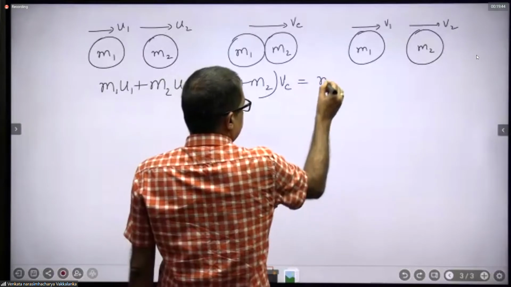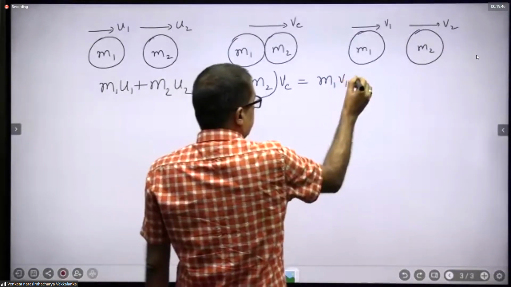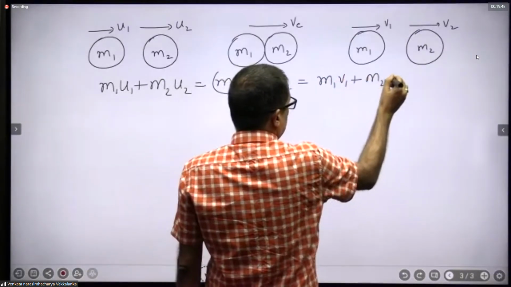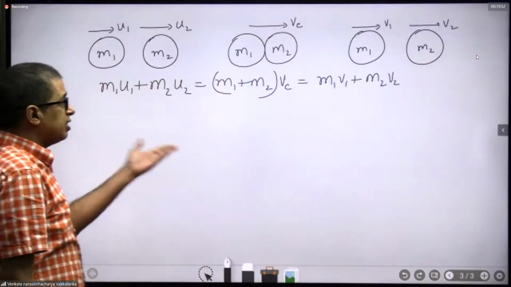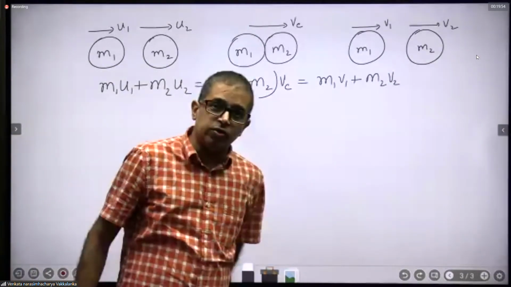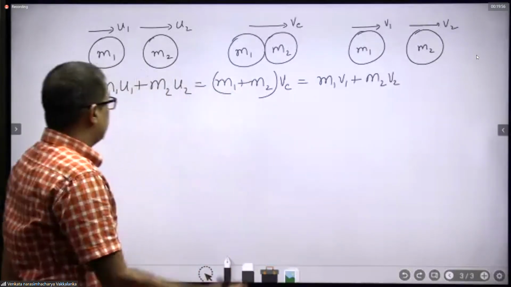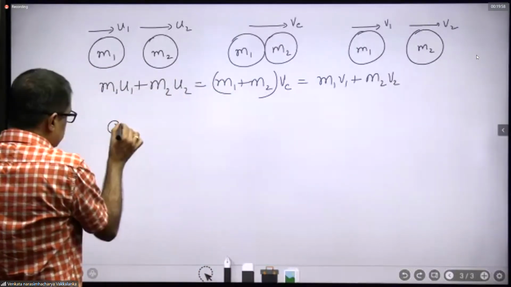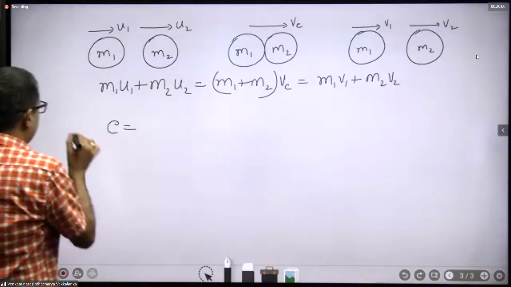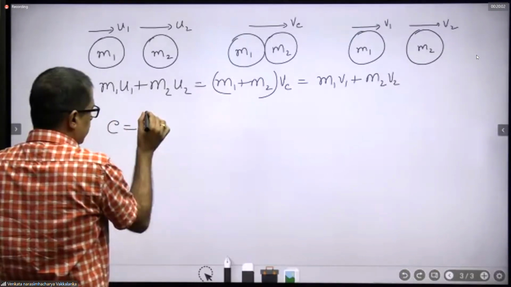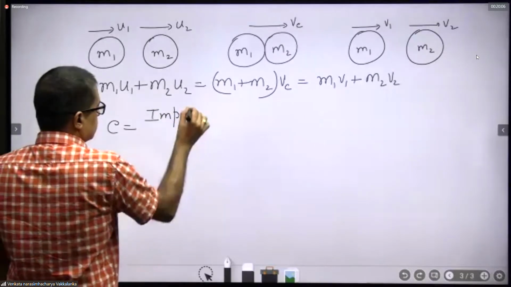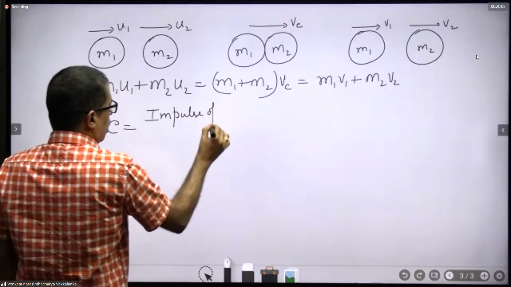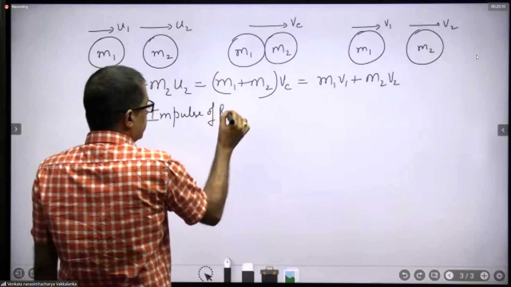This will be equal to M1 V1 plus M2 V2. I conserved momentum taking M1 and M2 as one system. What did you define small e as? Coefficient of restitution. This is called impulse of reformation.